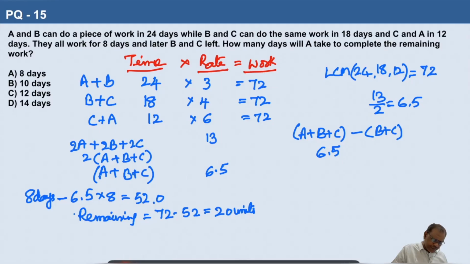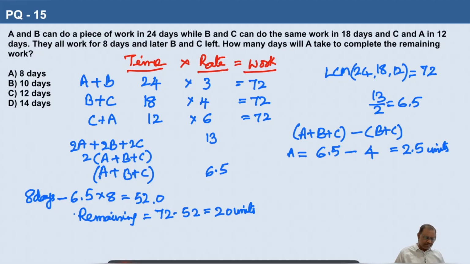B and C together can do 4 units in one day. So 6.5 minus 4 is 2.5 units per day. This is the capacity of A.